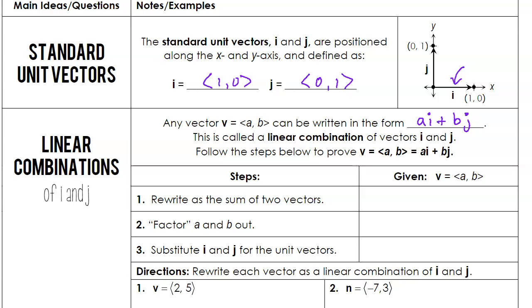This is the exact same vector as <a, b>. Remember from last class, that is the component form. This is the standard unit vector form, or the i and j form.